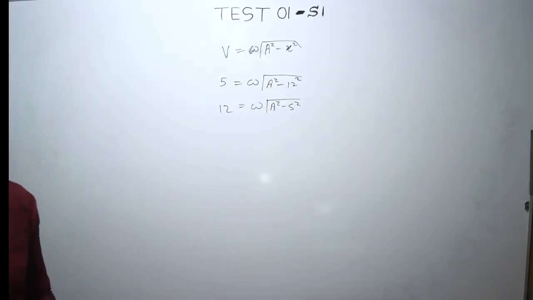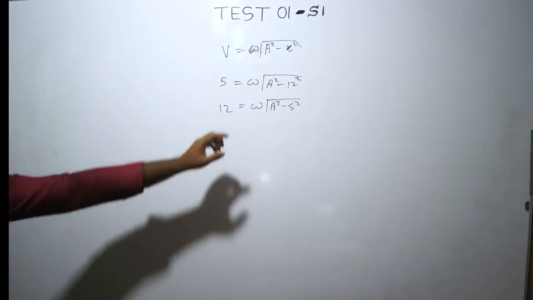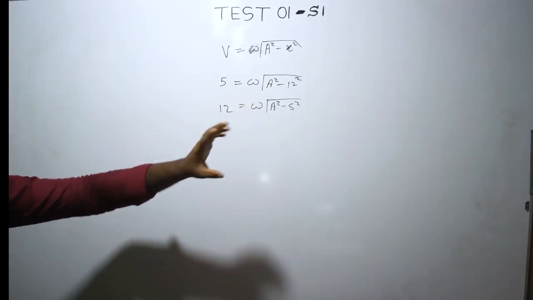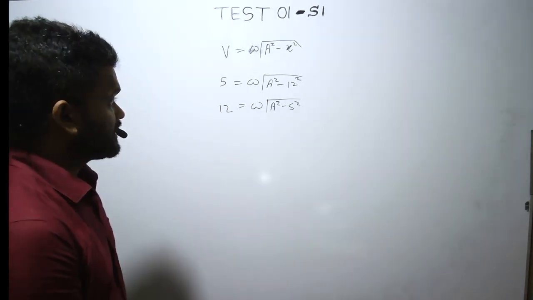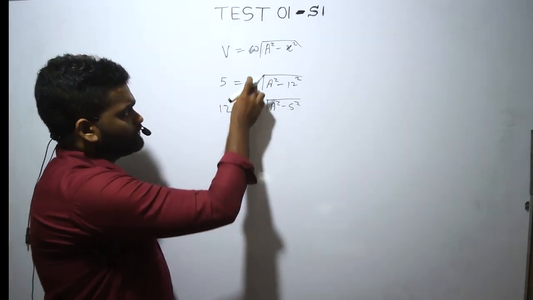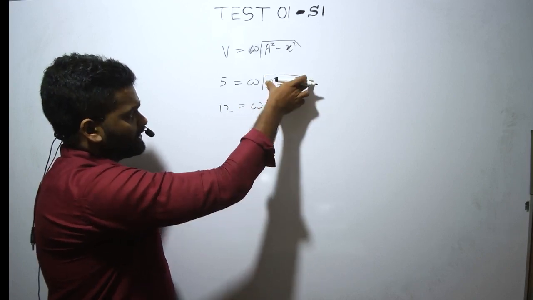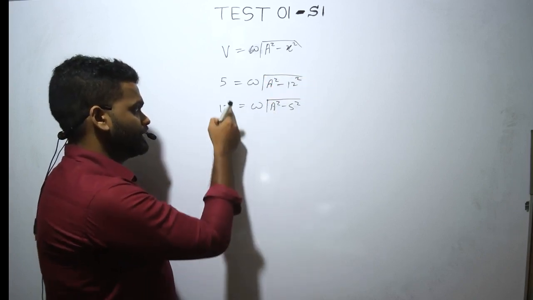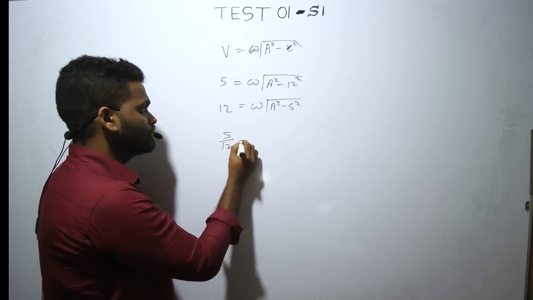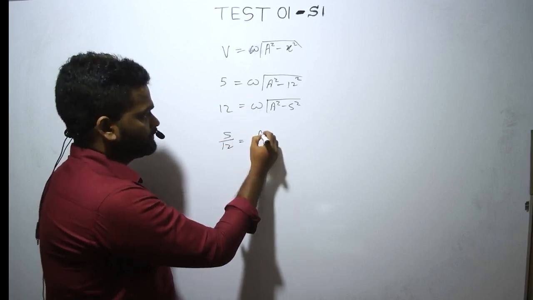So what they ask is amplitude. If you want, you can find omega as well, but they are not asking about omega, they are asking about amplitude. So simply you just have to get rid of omega, right? So you can simply divide the equations. If you divide 1 by 2, omega cancels off.